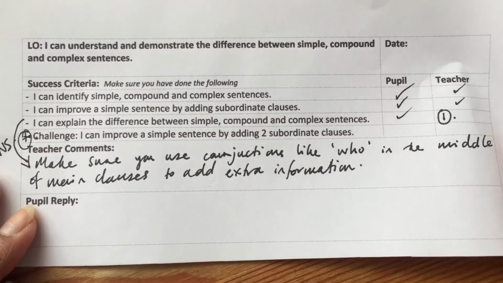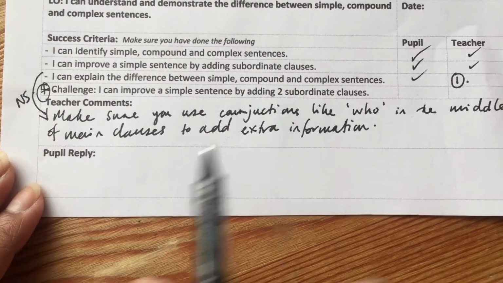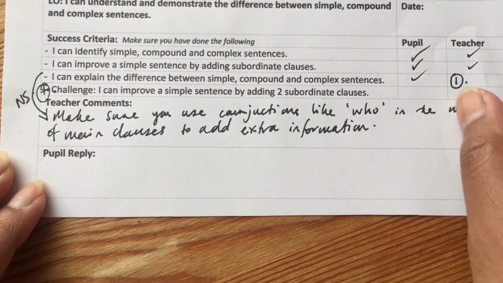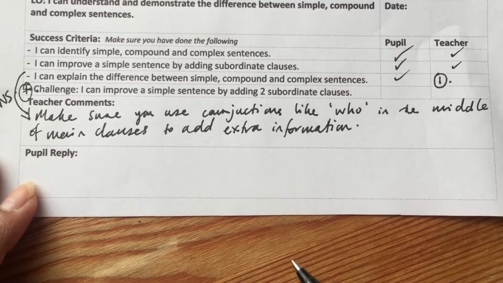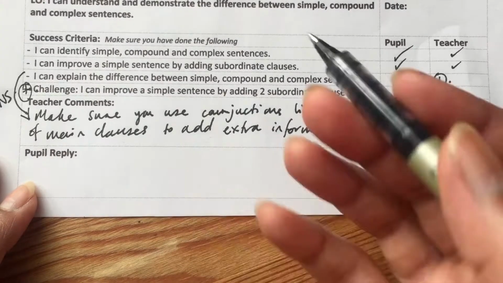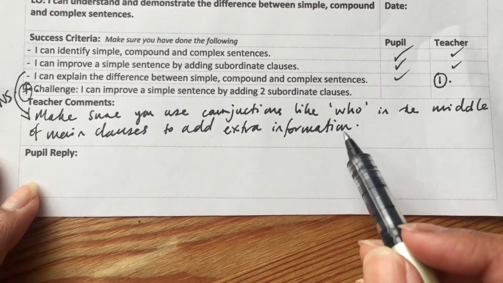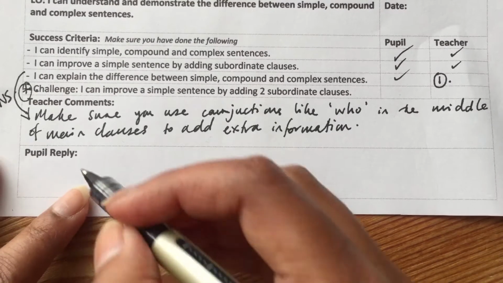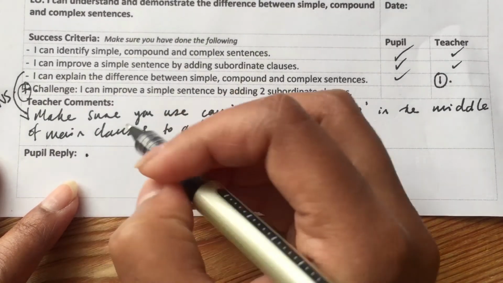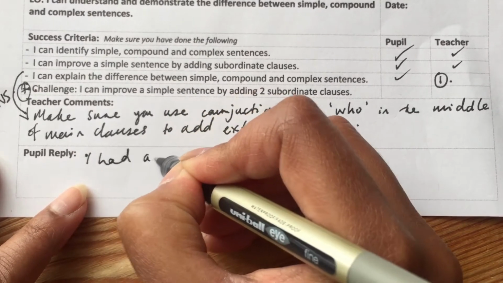Now then comes the dialogue marking part. So now you've got the pupil reply. Because the box is there and you've got the space for that to happen, the child can then write their own comment. So let's say, for example, the child writes who, but they feel that they need a little bit more help. They can say, here, I had a go.